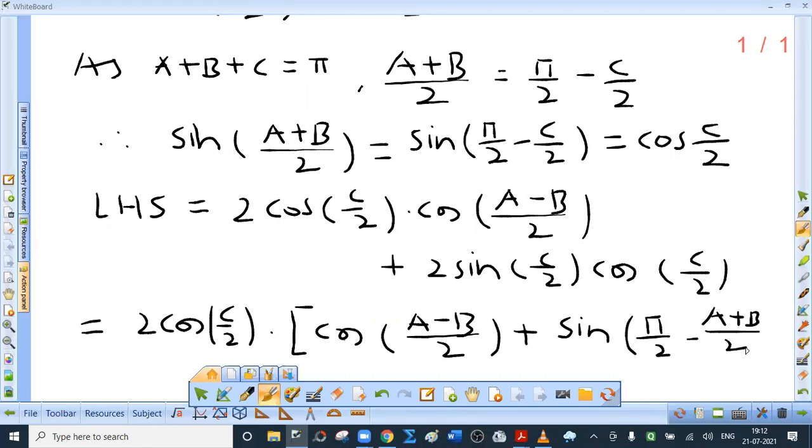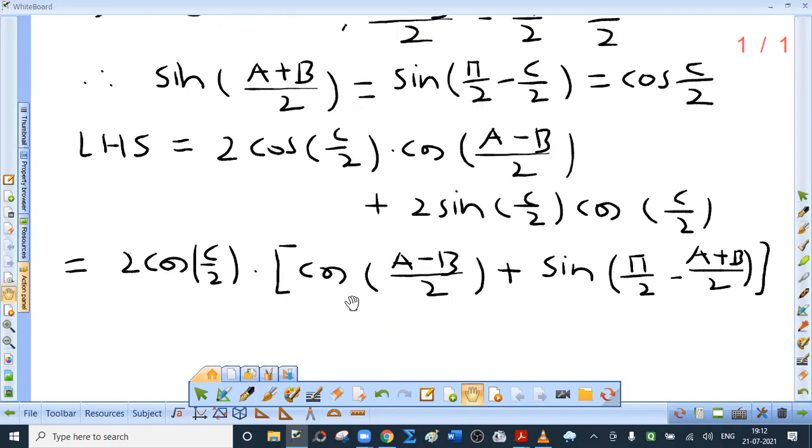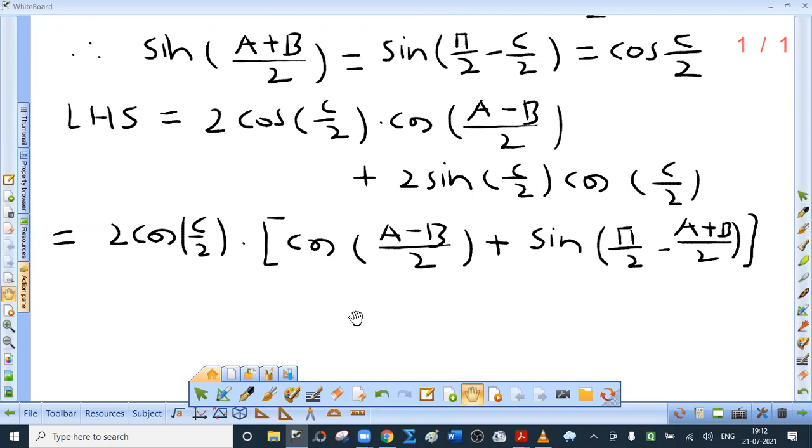I can. Same logic. A plus B plus C is pi. So C by 2 is pi by 2 minus A plus B by 2. Reason, common sense. We have already got a term in angle C by 2. Now we need terms in which angles? A by 2, B by 2. So we have to eliminate C by 2.